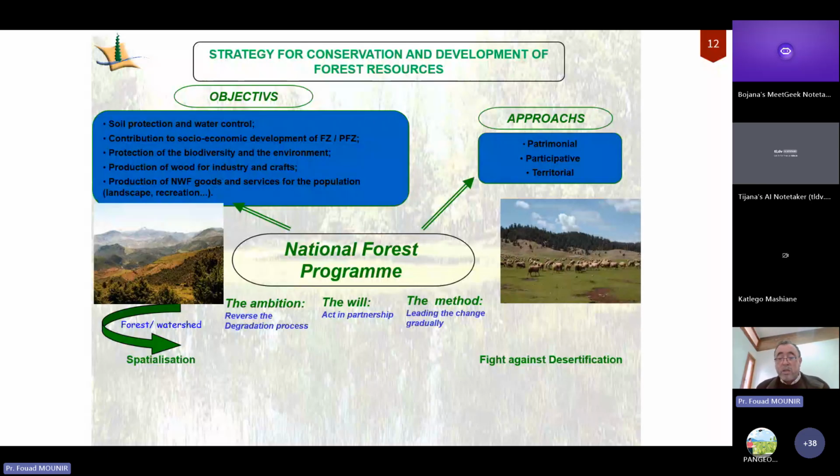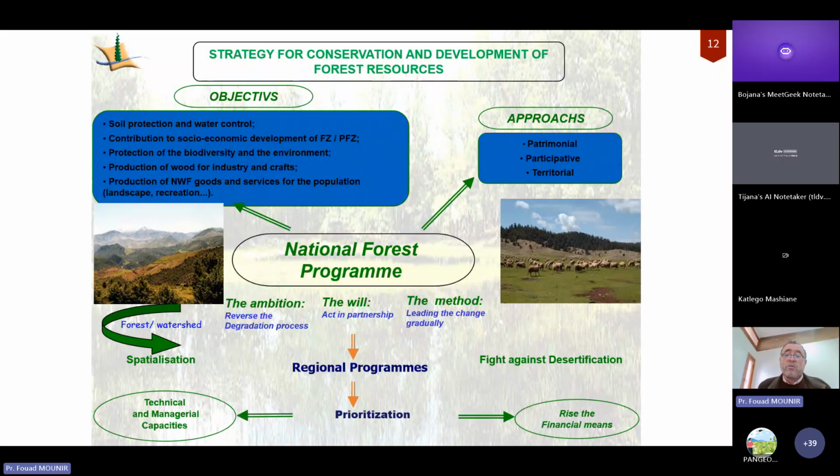This National Forest Program's objective is also to fight against desertification, and we split this National Forest Program into a regional program that aims to find more financial means and to raise the capacity of local management decision makers.